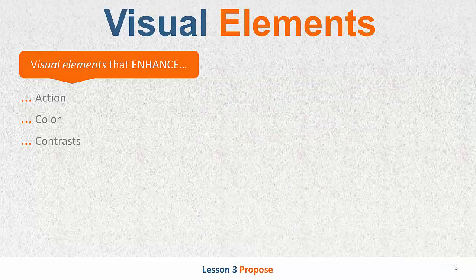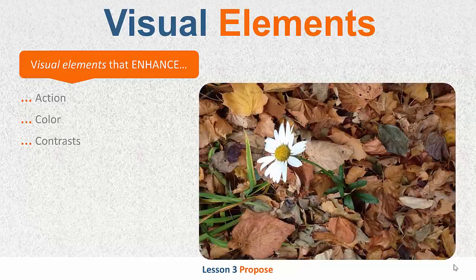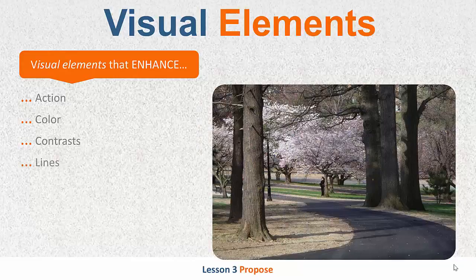Contrasts: there are many different kinds of contrast that make a photo interesting, such as contrast in shape and contrast in color. Lines, such as the curved lines that draw the eye further into the photo.